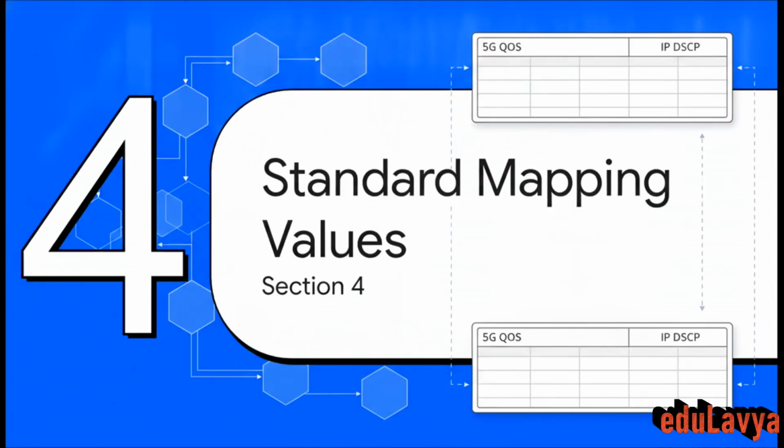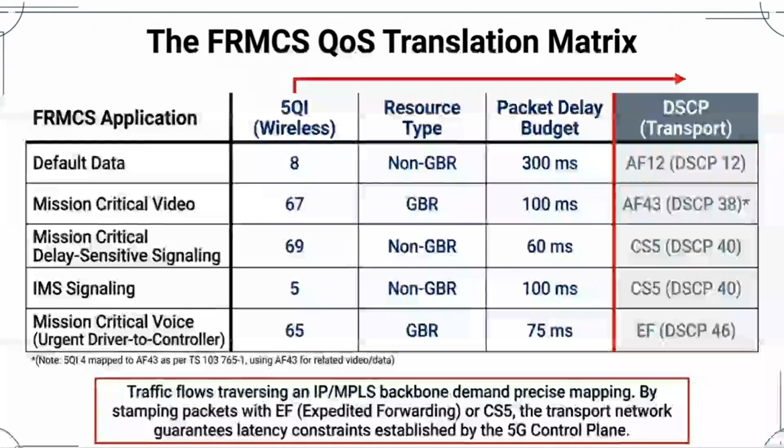All right, Section 4, standardized mapping values. So now that we understand the directional flow and the architectural nodes that actually do the work, let's look at the concrete application tables you're going to need when provisioning these nodes. First off, we have to associate the specific railway application with its mandatory 5QI, because obviously not all railway data is created equal.